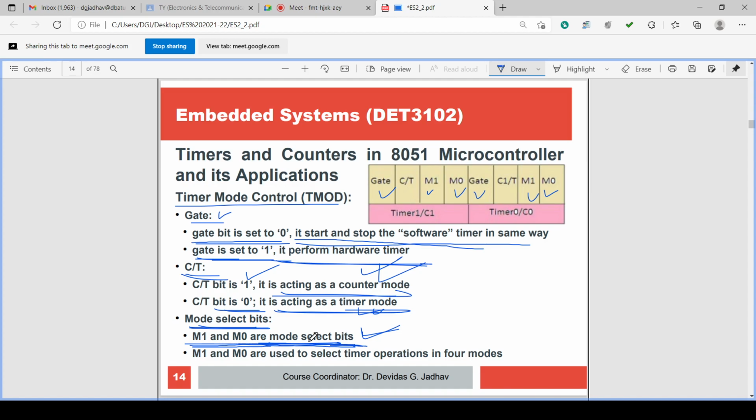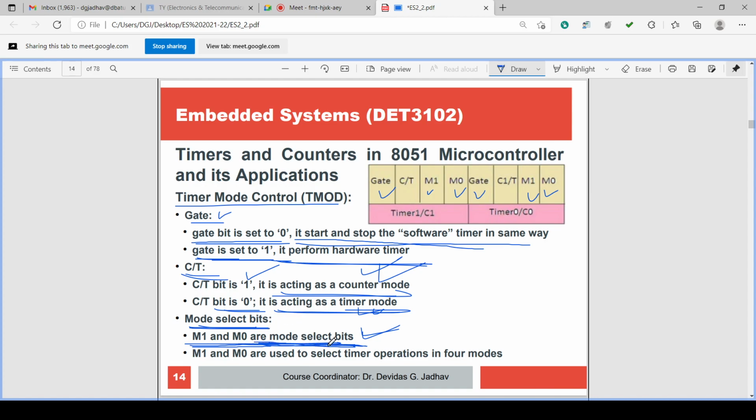With the gate we can select software timer or hardware timer. With C/T we can select counter or timer. And in mode select there are two bits, M1 and M0.